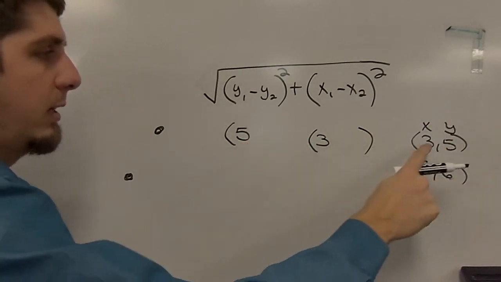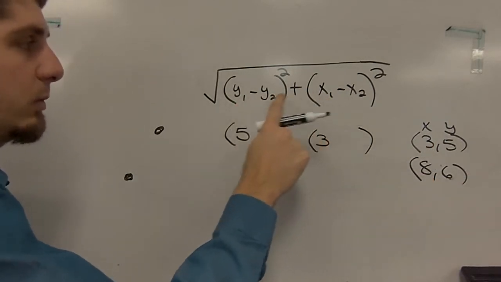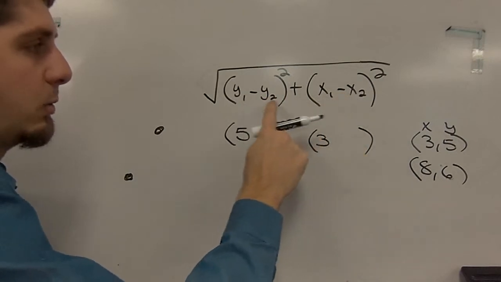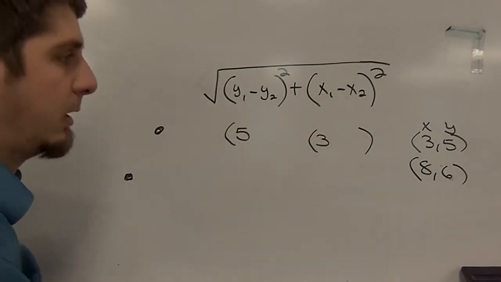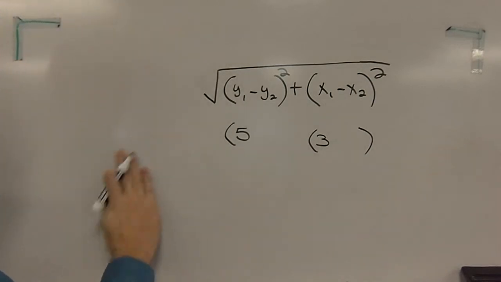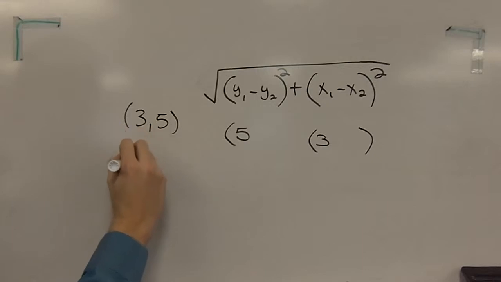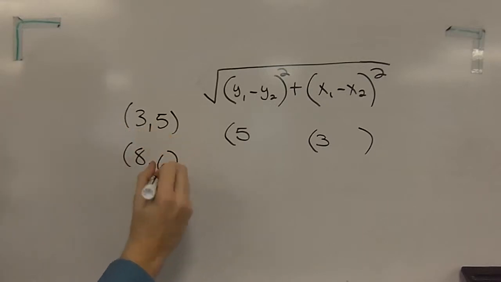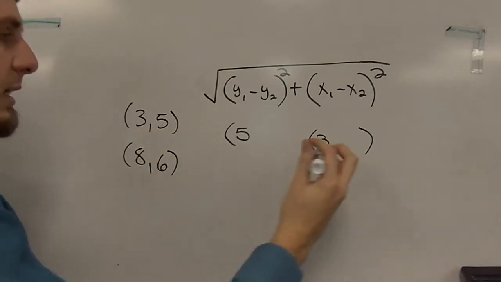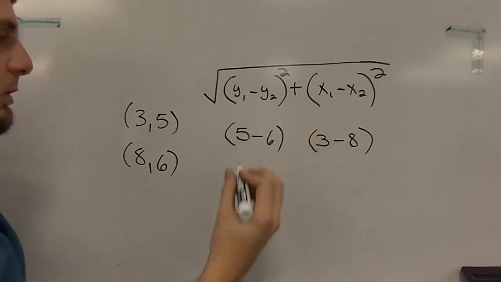The y is a 5, the 3 is an x. Okay? x1 and y1 come from the same ordered pair. x2 and y2 come from the same ordered pair. So I put those over here. The 8 is my x, 6 is my y.